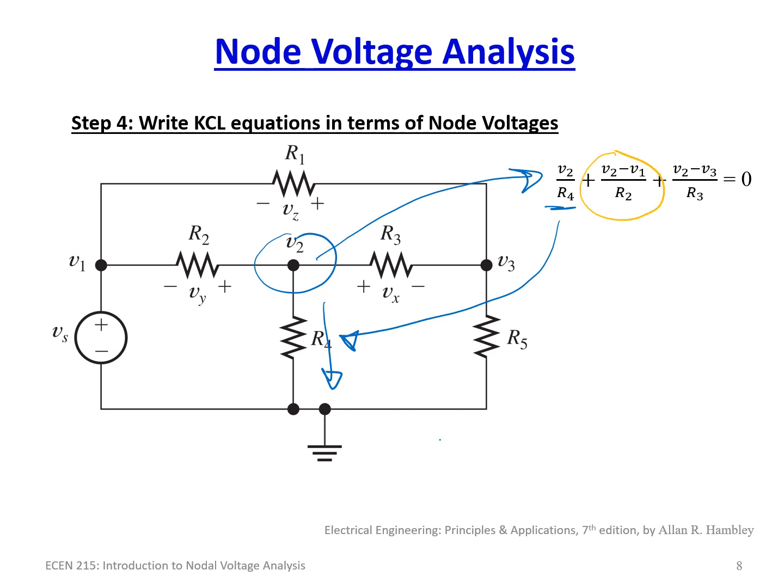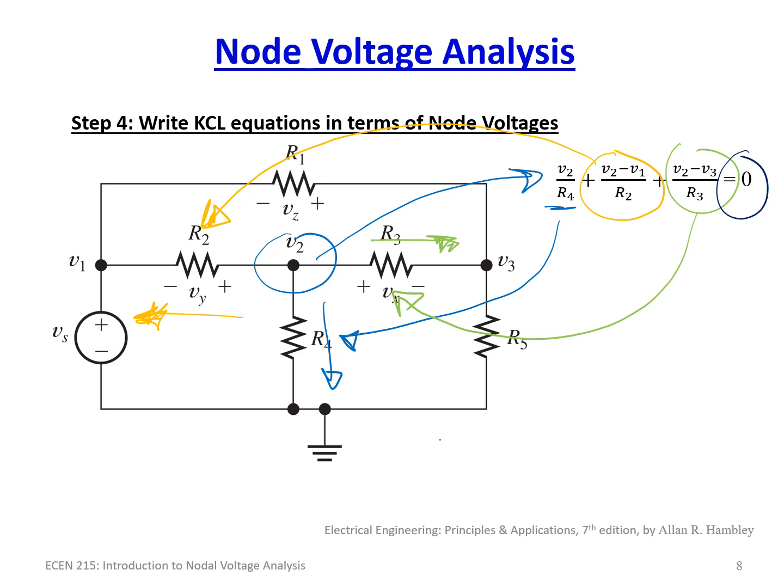This part here is this one here. And then this part here is this current. All of them are leaving, and it's all equal to 0.